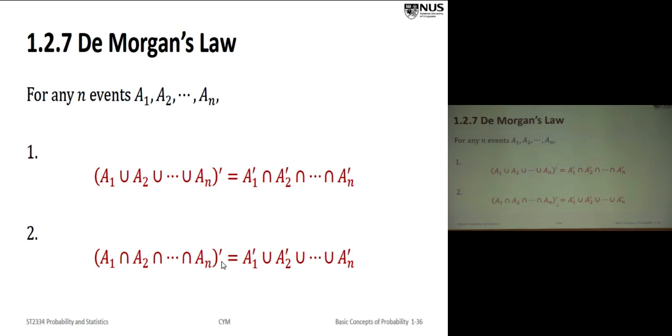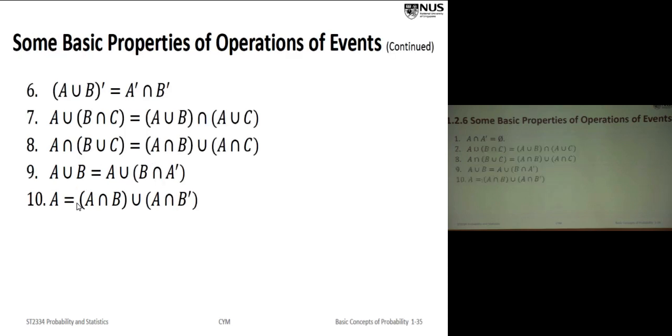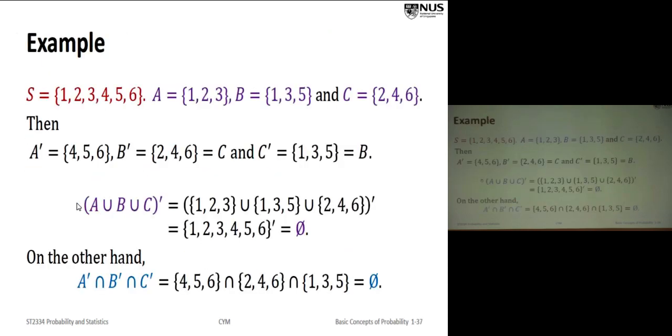Now if I take the complement of that set, that's the same as taking the union of the complements: A1 complement union A2 complement union AN complement. And that's just a generalization of this one in the case n is equal to 2, A1 is equal to A, A2 is equal to B. These are rules, and we're going to use them along the way. I know this is a little bit dry.